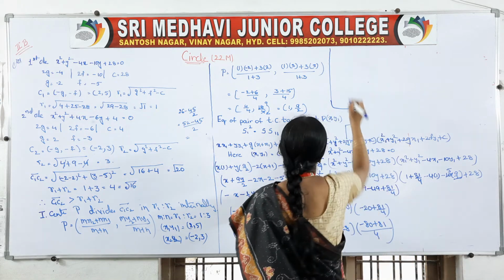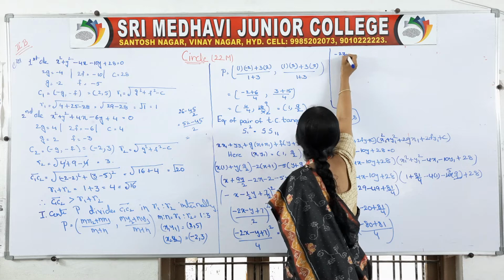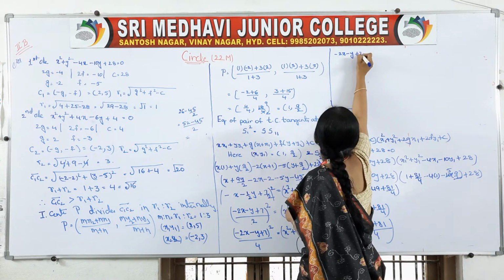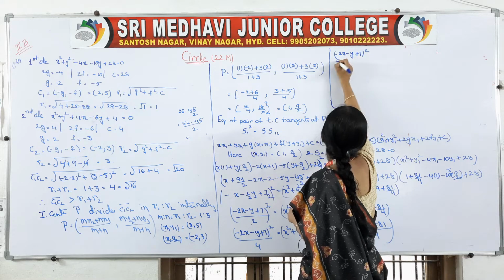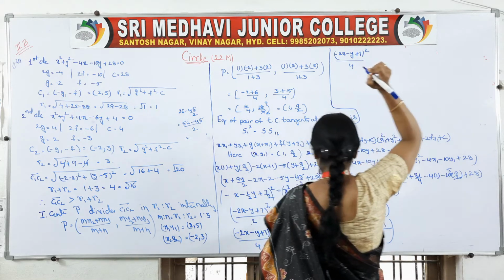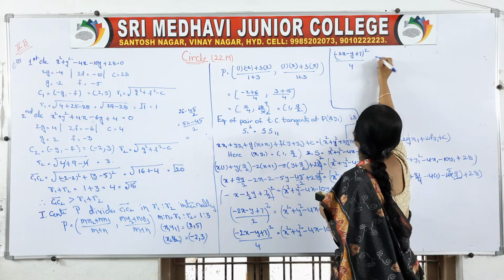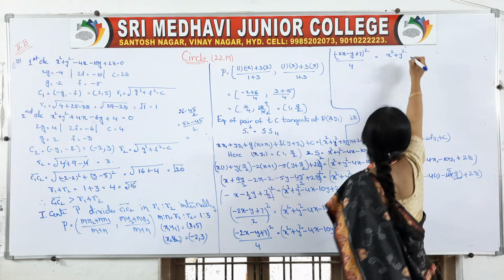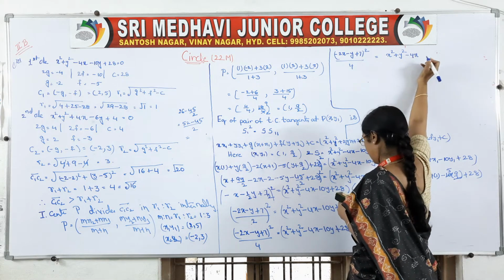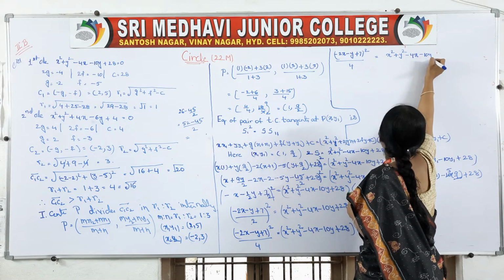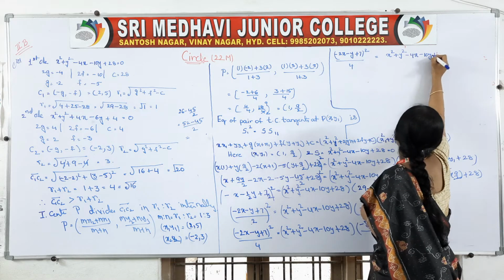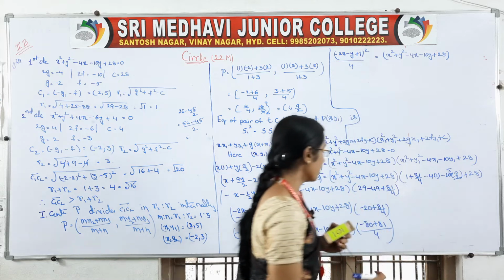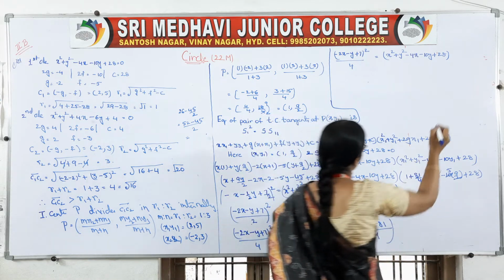So come on, it is (minus 2x minus y plus 7) whole square by 4, and this side is equal to x square plus y square minus 4x minus 10y plus 28, into 81 minus 80, which is 1 by 4.